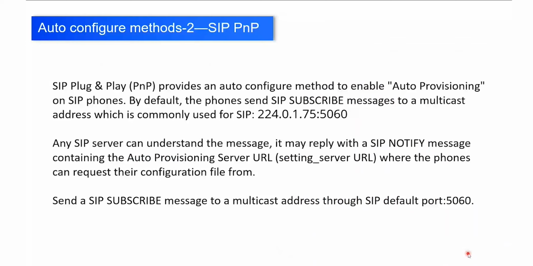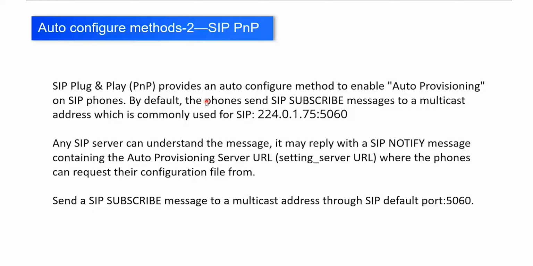Another method in the local network is SIP PnP. SIP PnP is, I think, quite useful and commonly used for SIP system configuration. Of course, if you want to set up provisioning, you have to make sure your SIP phone has the option enabled and supports auto provisioning.